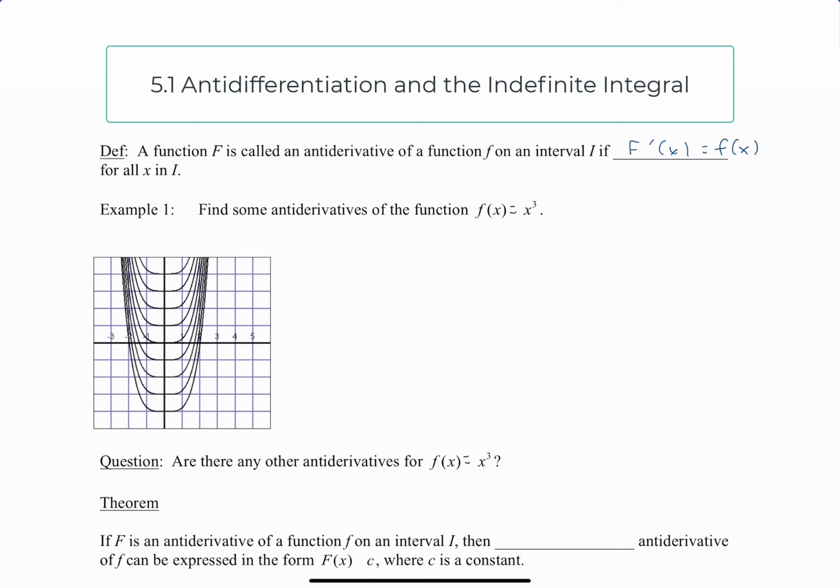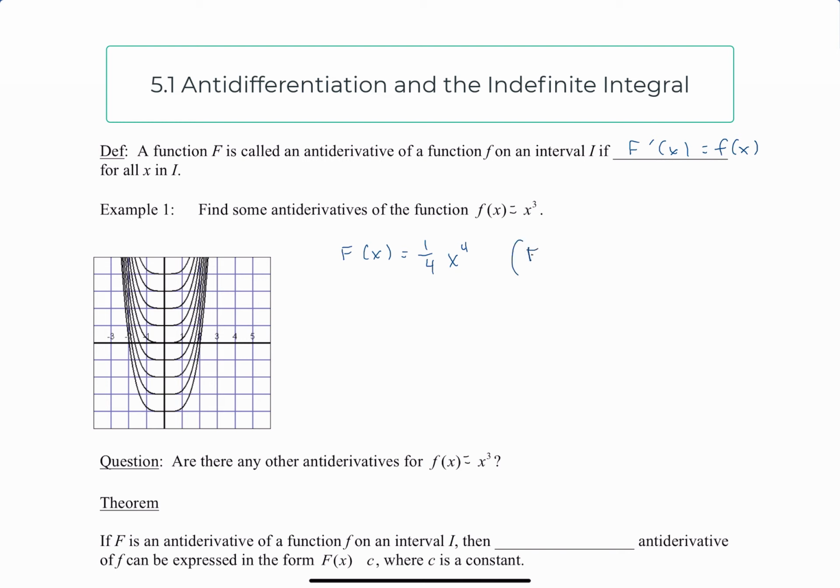So we ask ourselves, what function would we have to differentiate to get x cubed? And probably the easiest one to see is 1/4 x to the fourth.